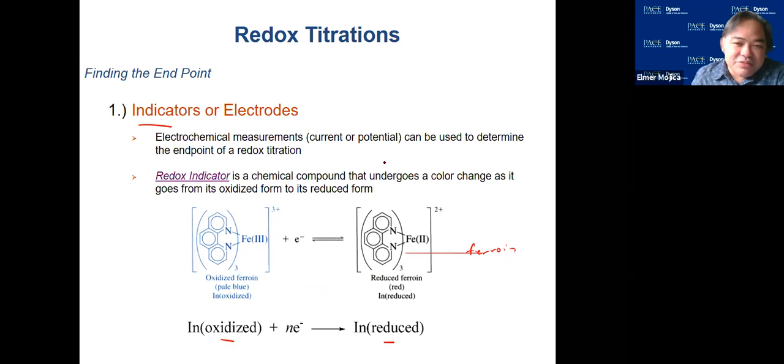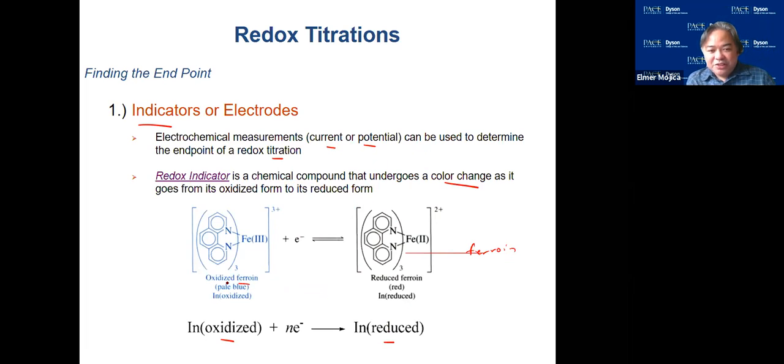Electrochemical measurements, the current potential that we use in the lab, can be used to determine the endpoint of a redox titration. But we also have redox indicators.